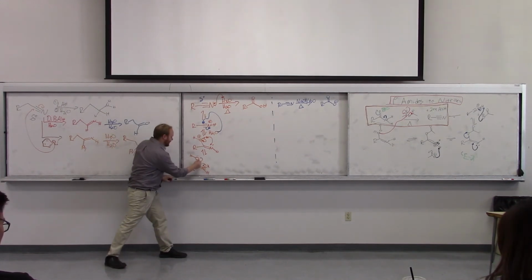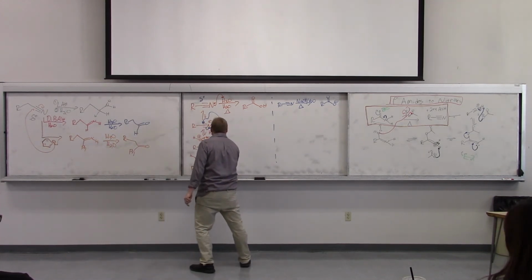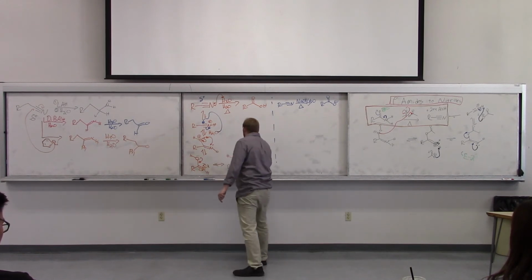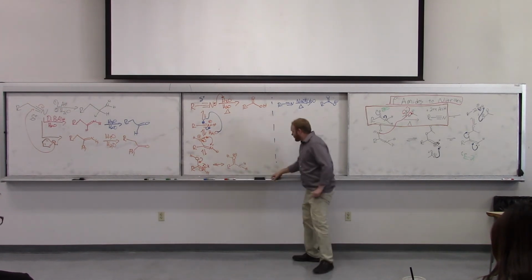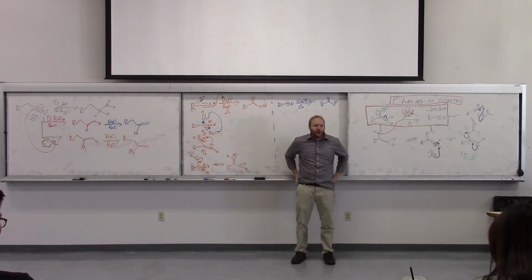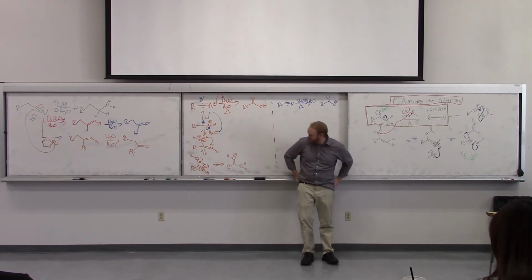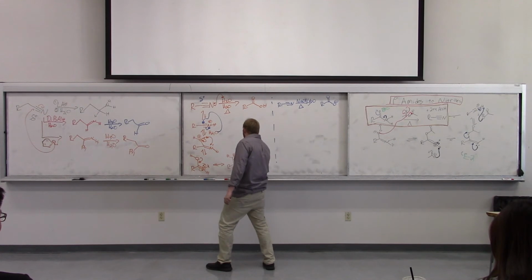So let's switch to double bonds between the oxygen and the carbon rather than the nitrogen and the carbon. And that gives us something that looks like this. So a protonated carbonyl. From this class, what do we know about protonated carbonyls? They're really electrophilic. So now water can add in.